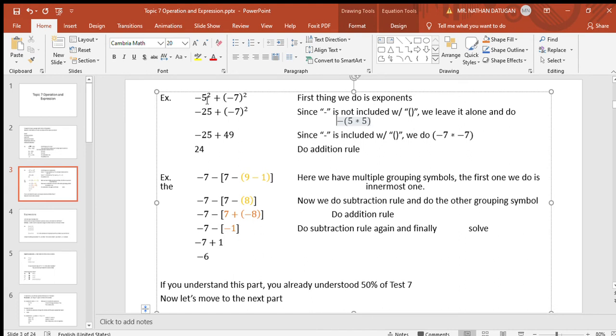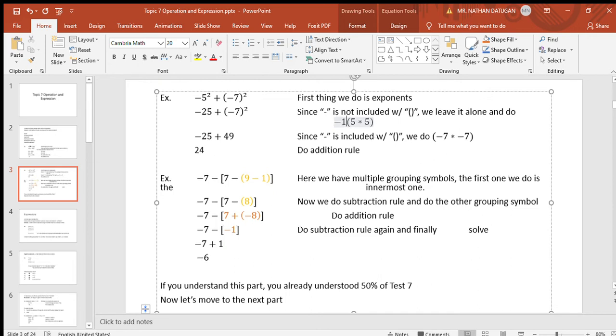Are we going for negative 5 squared? Are we going to include that negative? No. Why is that? Because there's no parentheses. If there's no parentheses, what we're actually doing is 5 squared, and we're multiplying negative 1 to that later on. So 5 squared is 5 times 5, which is 25, and we multiply negative 1 to that number. So that's why our answer is negative 25.